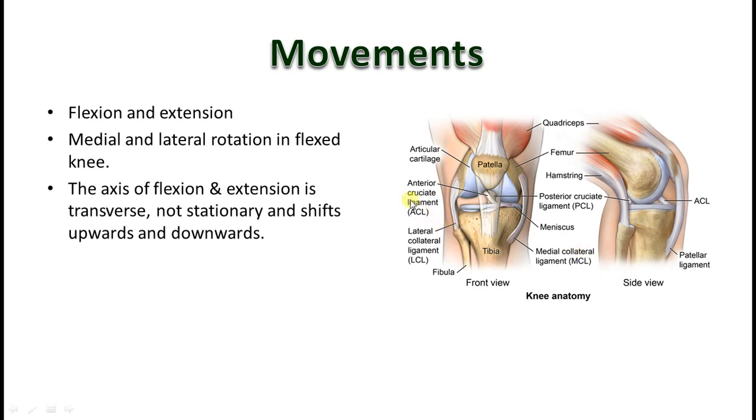The axis is a transverse axis, and it keeps on shifting upwards or anteriorly during extension and backwards or posteriorly during flexion. As I told you, if you look at the lateral profile of the joint, it has numerous arcs of circles, and if you join the centers of all these circles, you get a curved line which is called the evolute of profile.